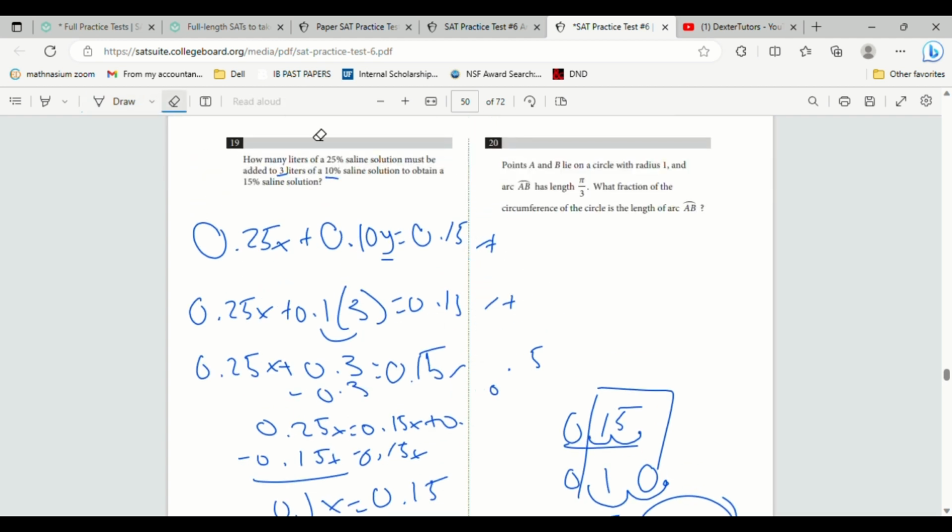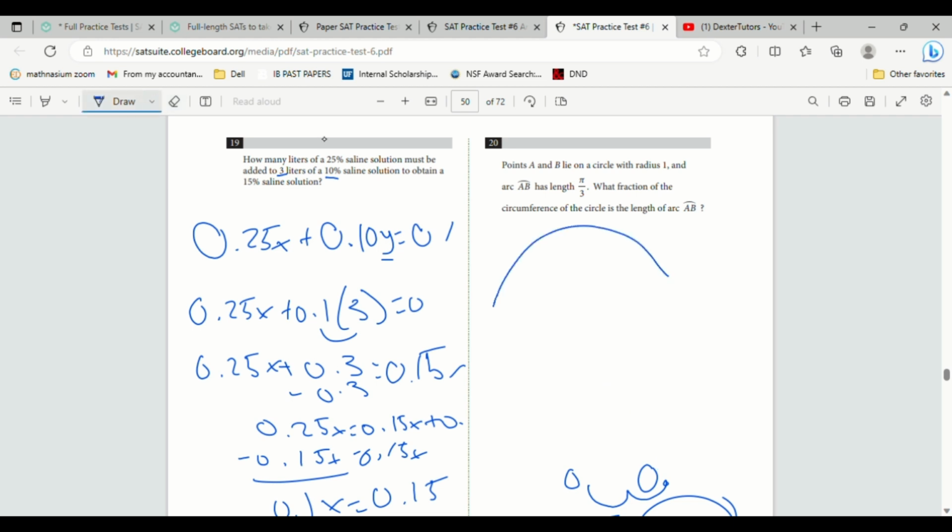Number 20, points A and B lie on a circle with radius 1, and arc AB has length pi over 3. So let's draw out what this looks like. We have a circle. So we have radius of 1, points A and B lie on the circle, and they have an arc length of pi over 3.